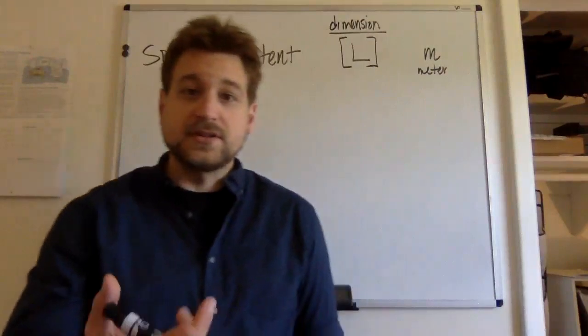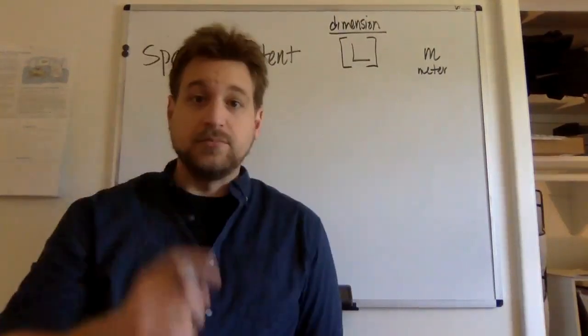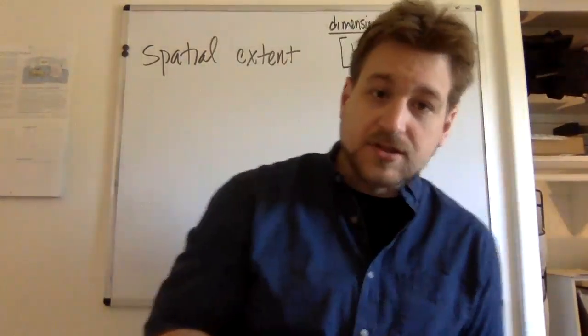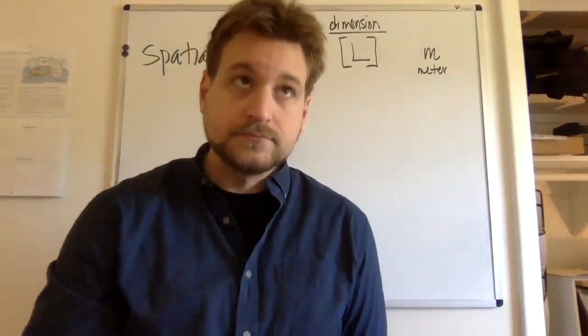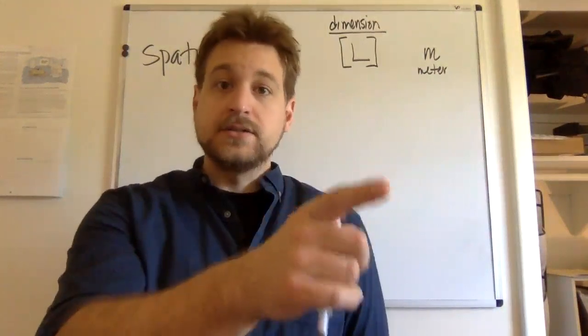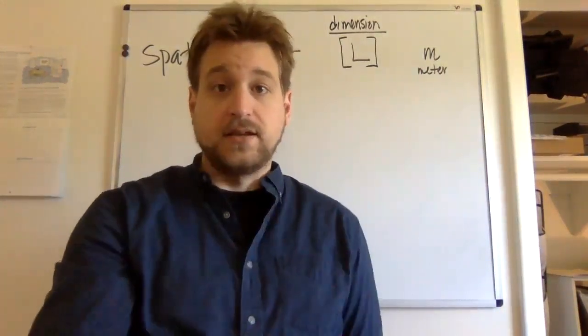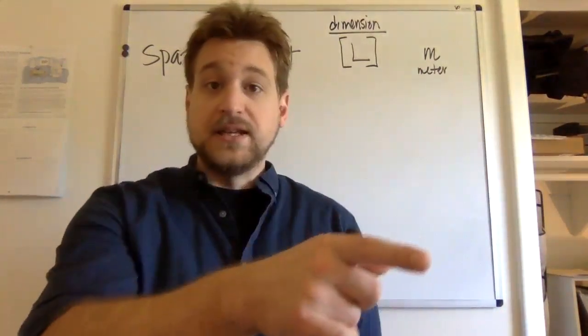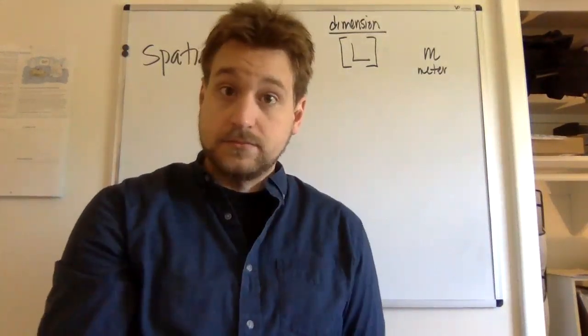If we're going to talk about something moving from point A to point B, we might be interested in comparing the motion of one thing from point A to point B to the motion of a different thing going from point A to point B that was faster.